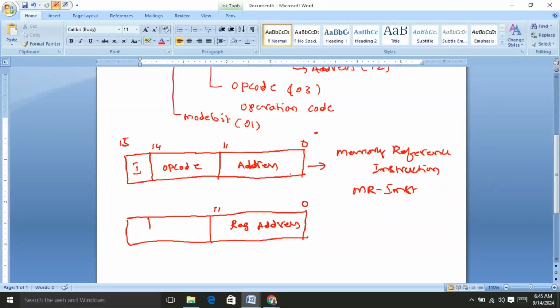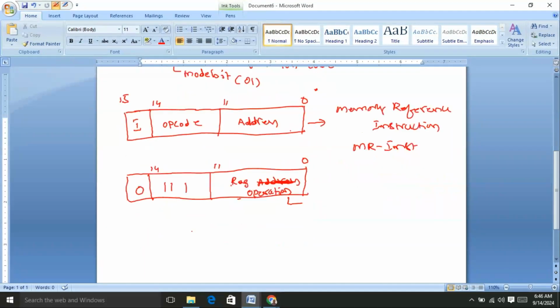And these 3 bits, 12, 13, 14, are 111, and the mode bit is always 0.